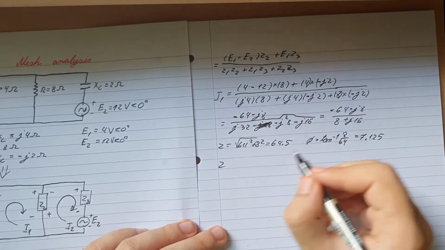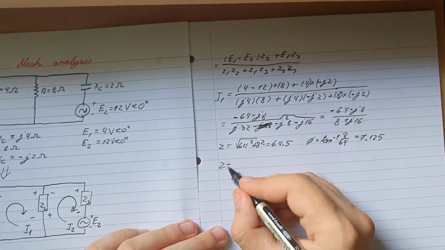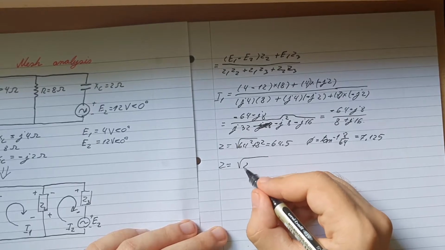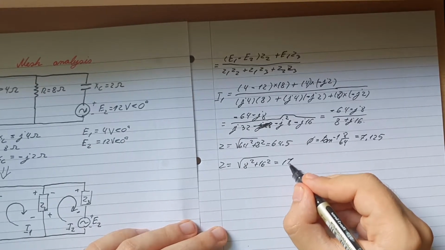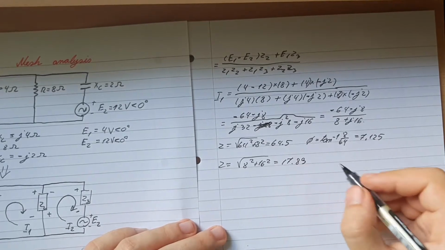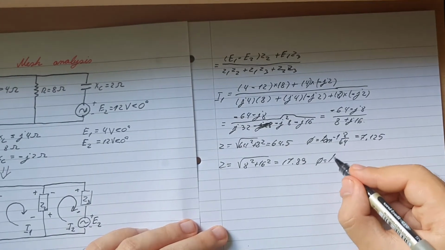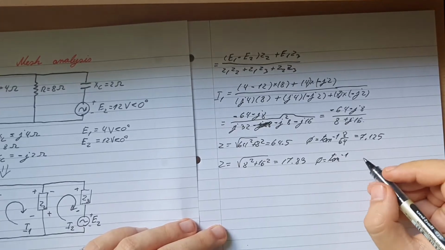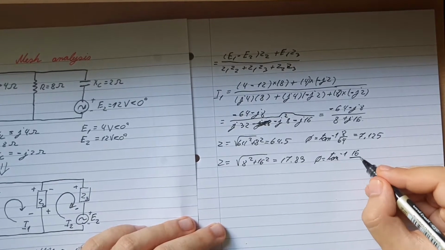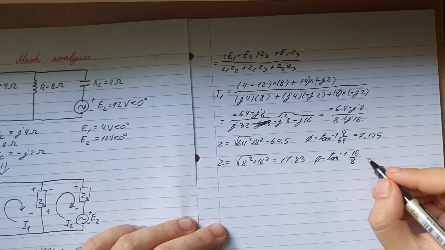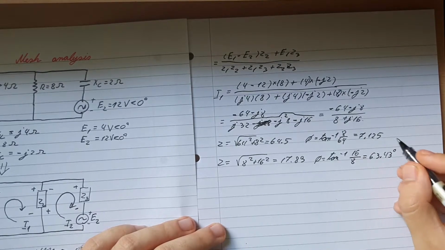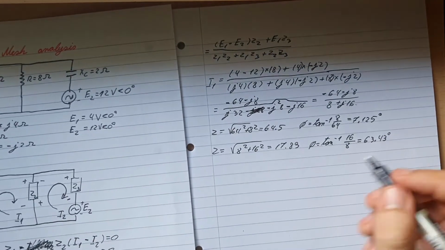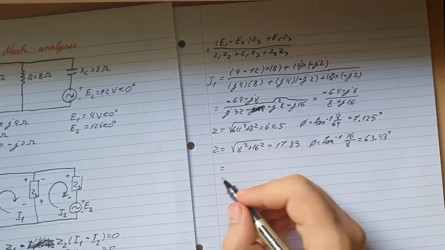Now we do the next one, the one underneath. Z is equal to the square root of 8 squared plus 16 squared, which is 17.89. The angle is equal to tan inverse of 16 over 8, which is 63.43 degrees.